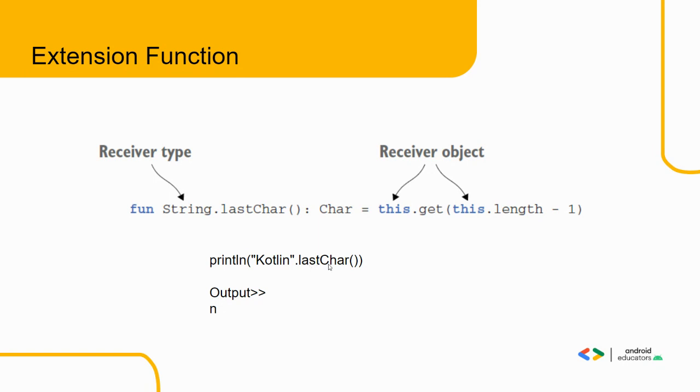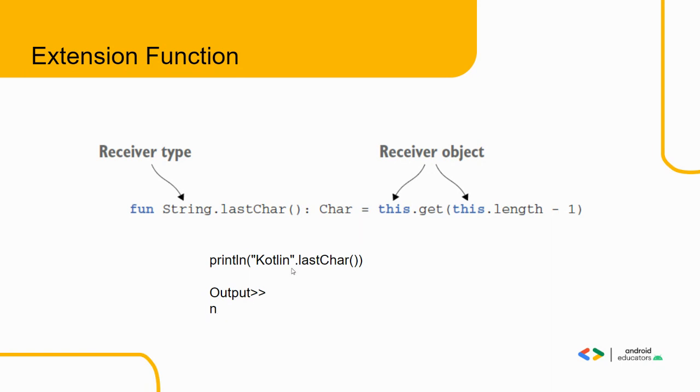So this is lastChar here, and it will go and call this method and go inside it. Since this is the receiver object, this is equal to "Kotlin". So this is referring to "Kotlin", and it will call get with length, which is basically the length of Kotlin. In this case it's 6 minus 1, which is 5, and it will give the last character. Definitely that would be an n, the output.